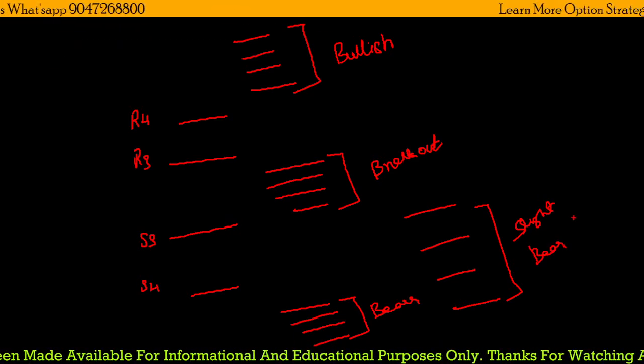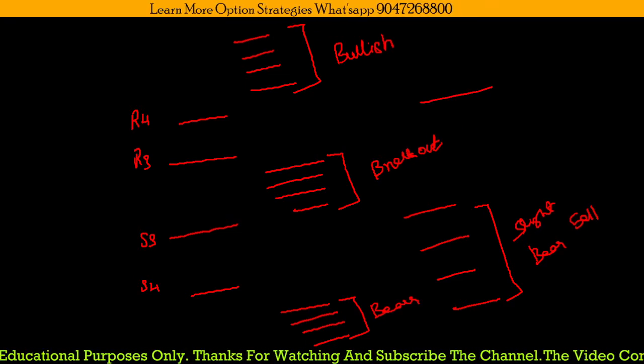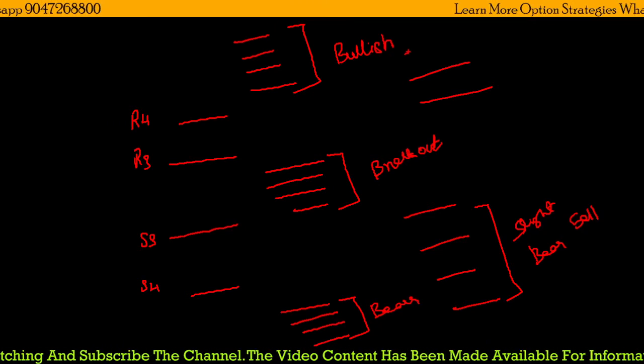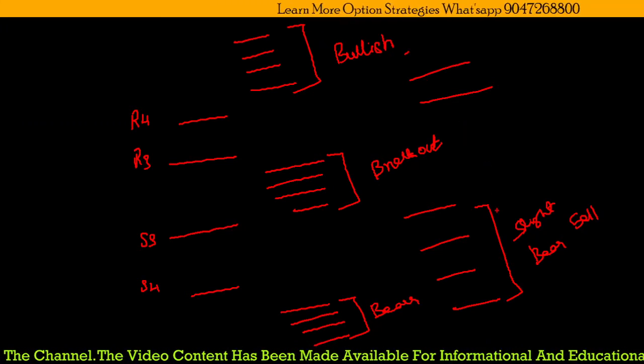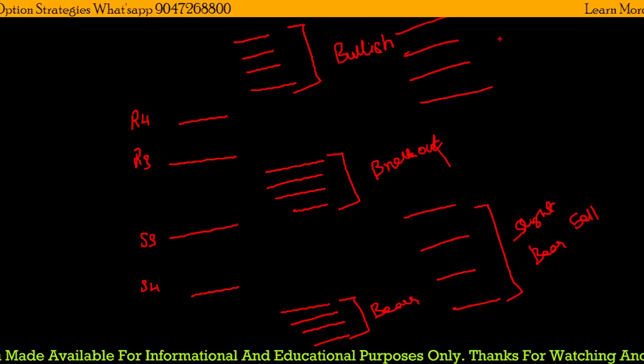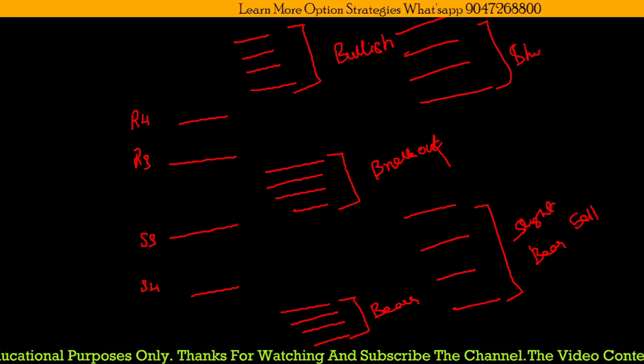Here we are going to focus on a sell opportunity on the stock. And for some stocks which are inside between R3 and R4, with some levels over the previous levels, we are again going to focus on a bullish kind of trade, slightly bullish.